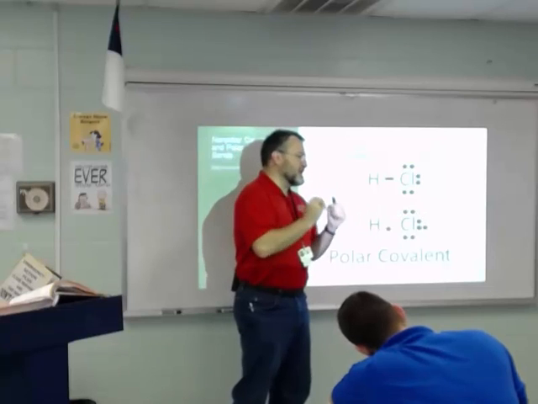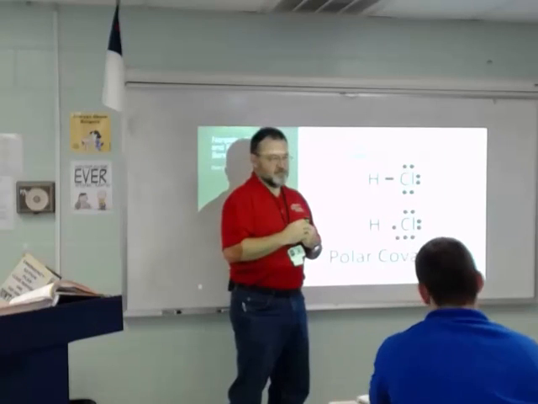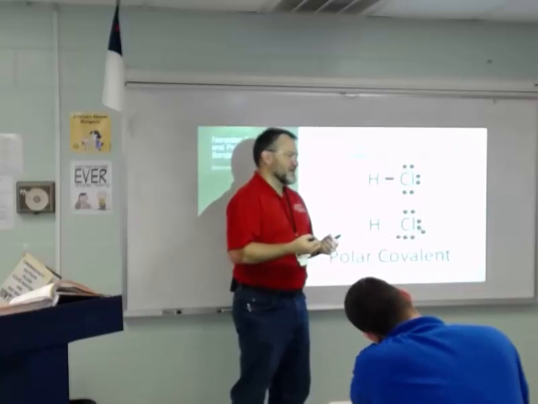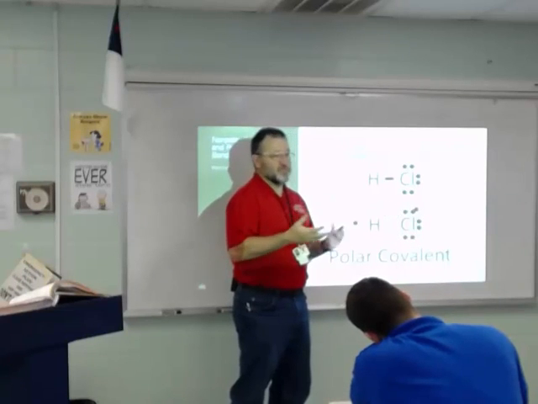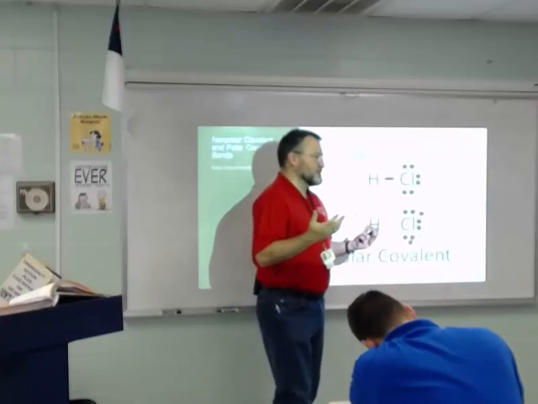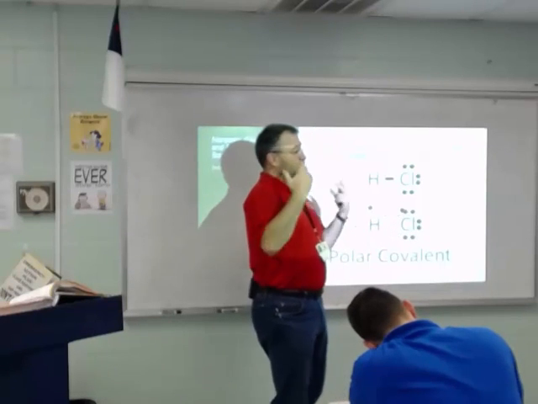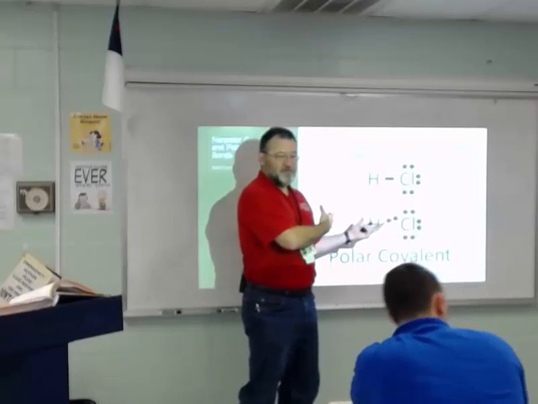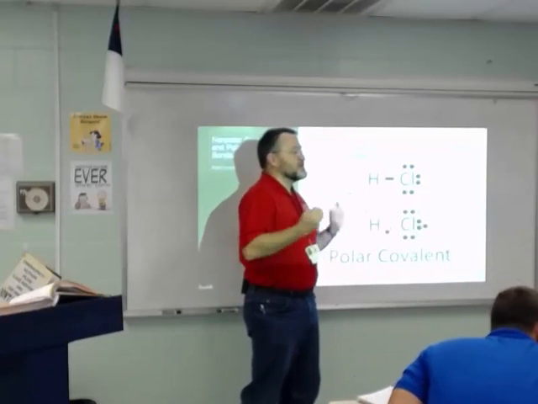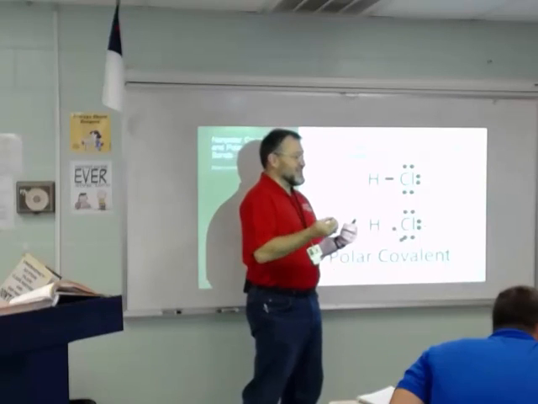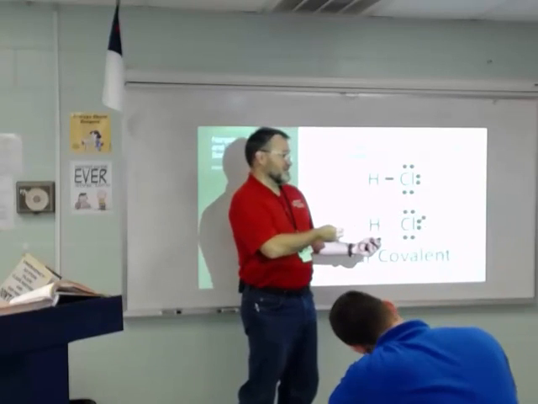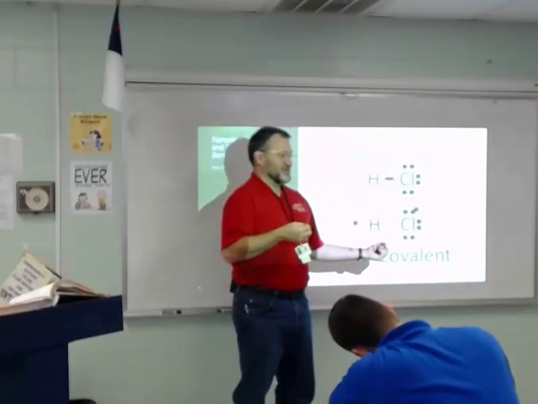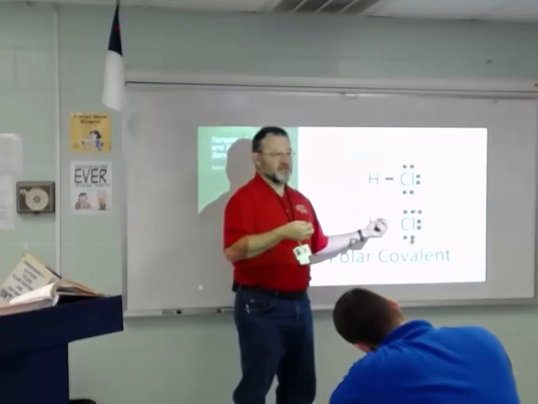Because every element has its own unique electronegativity. The only way it's actually going to be perfect is if it's a homonuclear diatomic. But other than that, in chemistry, when you get more into this concept, they have different levels where they say if the difference between the electronegativities is less than 0.3, then it's purely covalent or nonpolar.